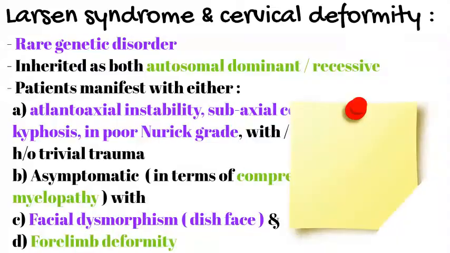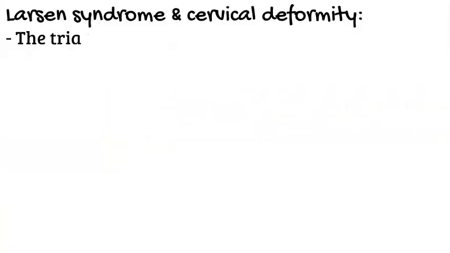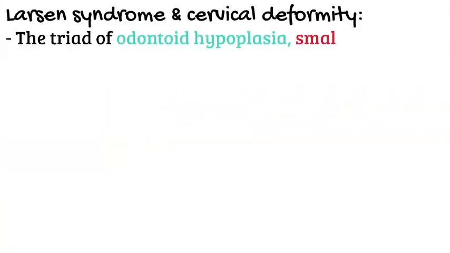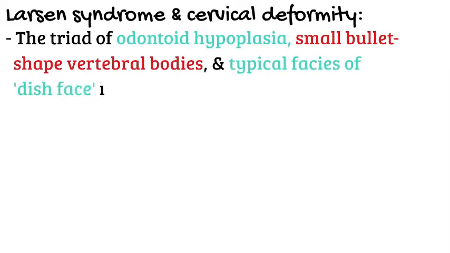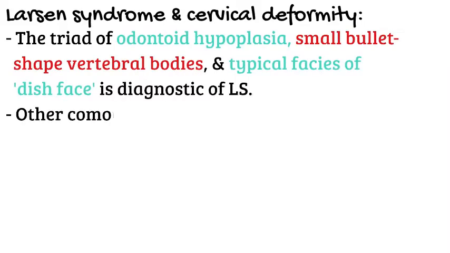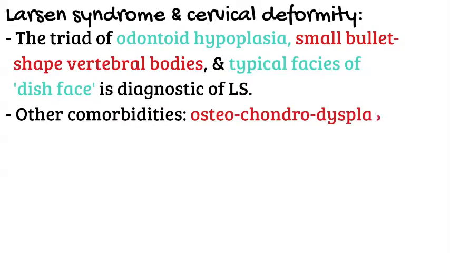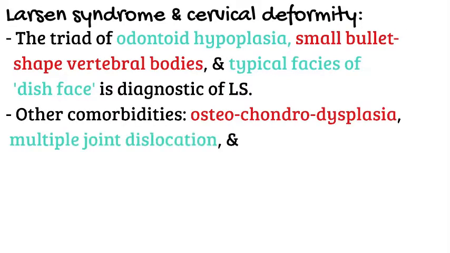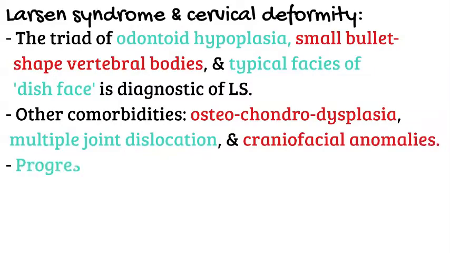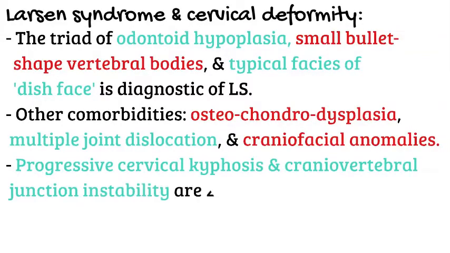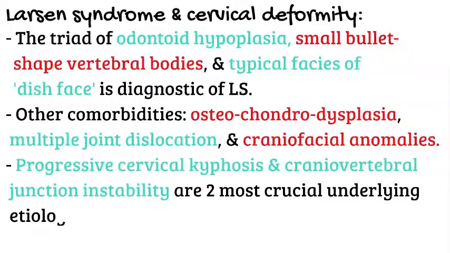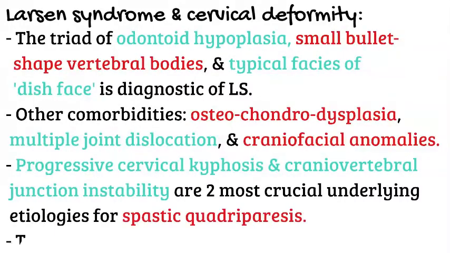Forelimb deformity. The triad of odontoid hypoplasia, small bullet-shaped vertebral bodies, and typical facies of dish face is diagnostic of Larsen syndrome. Other comorbidities include osteochondrodysplasia, multiple joint dislocations, and craniofacial anomalies.